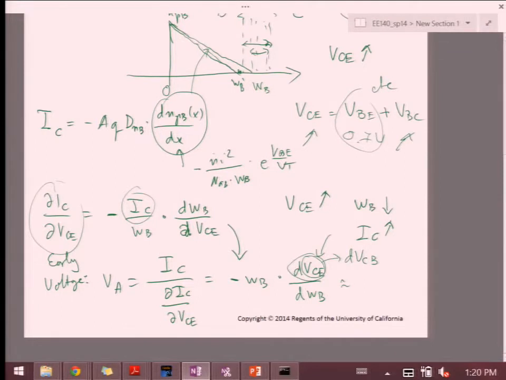Here, then this is just a change in the voltage applied to the junction versus the change of the junction. I can say it's minus VB, 1 over change in base width, or change in the junction width, depletion width, over change in CB. And if you look in chapter 1, I don't want to derive it here. There are equations for the width of the PN junction in reverse bias versus the reverse bias voltage, right?